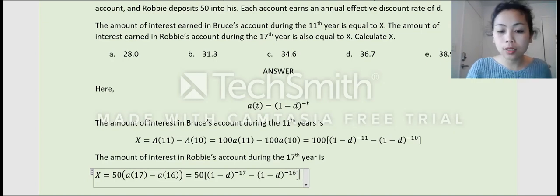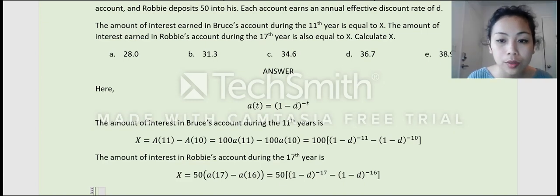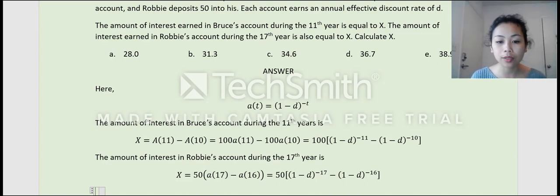So this is the second equation. We are going to use these two equations to solve for x.